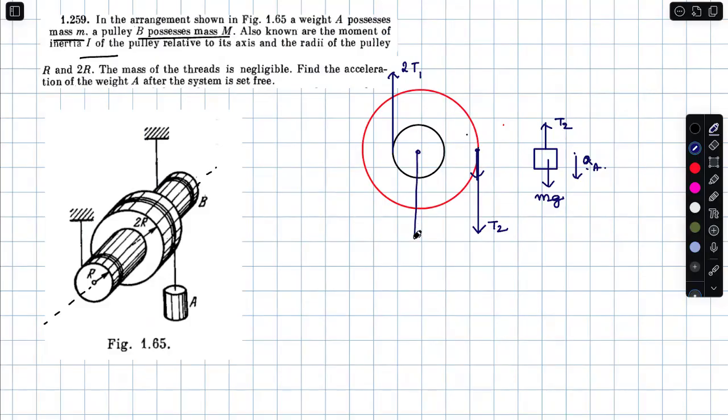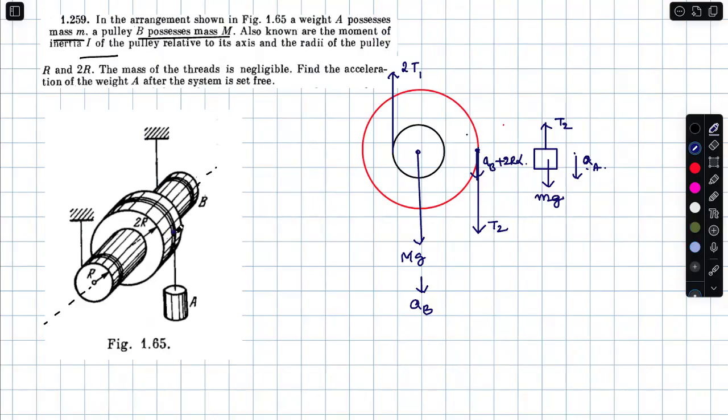This one will have an acceleration of, the center will have an acceleration of AB. So this point will have an acceleration of AB plus 2r alpha.